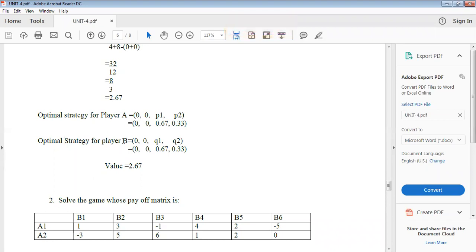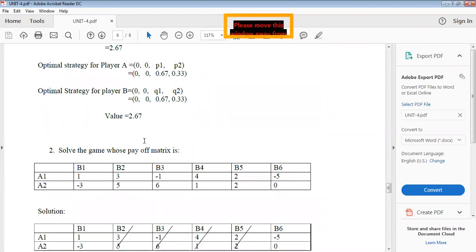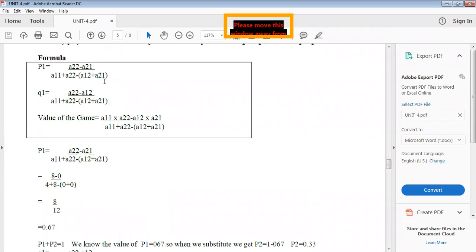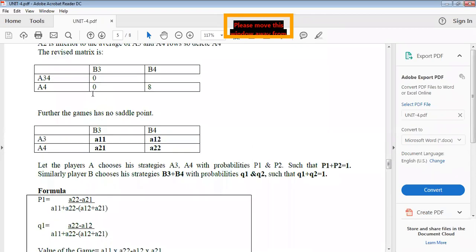And the optimal strategy of player B is 0, 0, Q1, Q2. So Q1, Q2 means 0.67, 0.33. Like that, these are the things to be calculated. For that, you have to find out P1 and P2. You have to remember the formulas. All these formulas are very important.